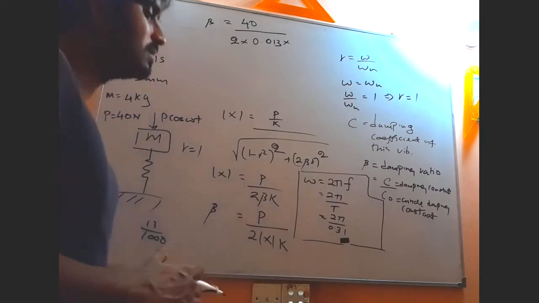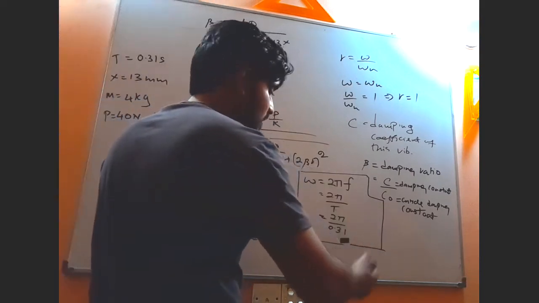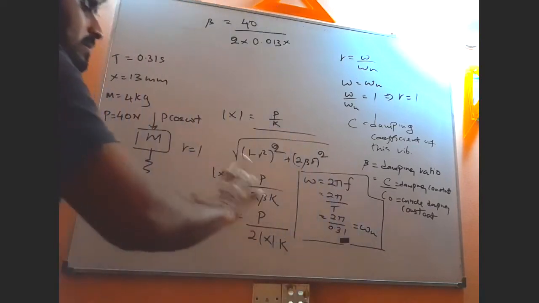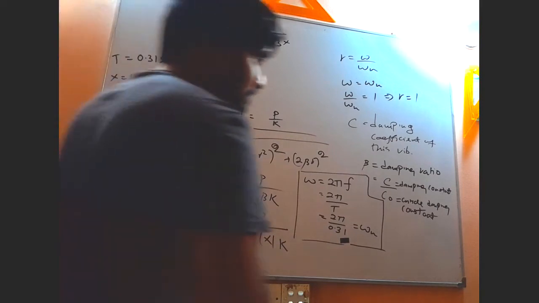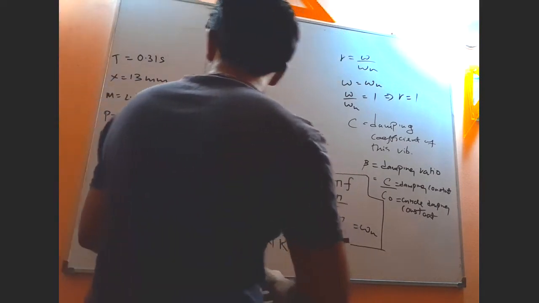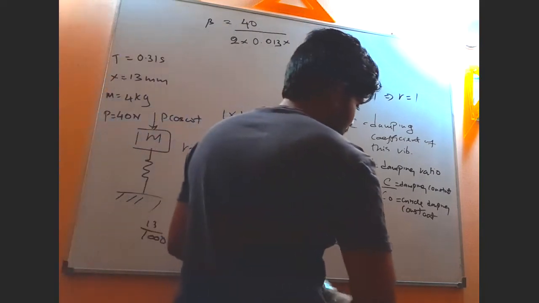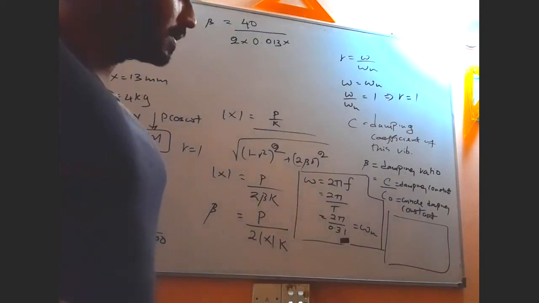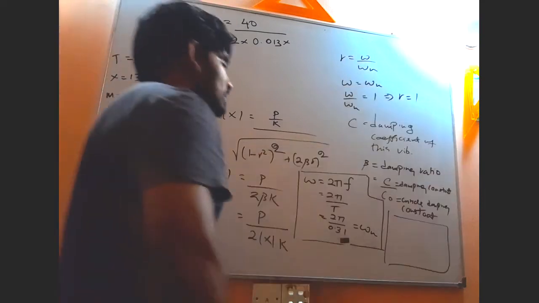And also this is the resonance scenario. That means this also equals omega n. Also we know that K divided by M equals omega n squared.